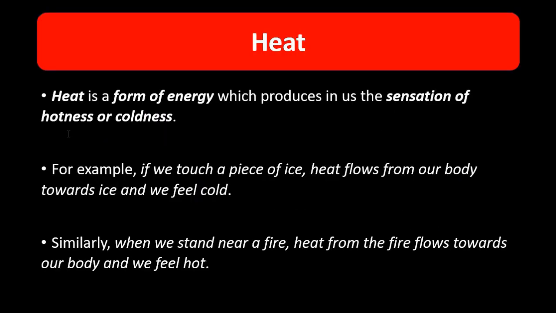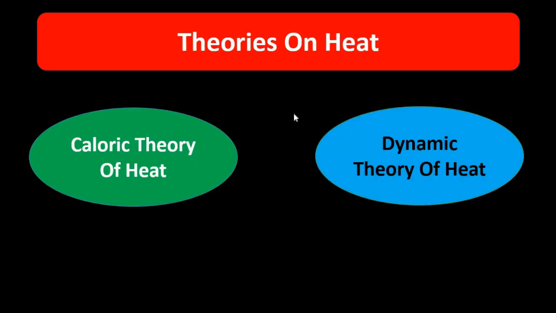Now, the heat, this thing, whatever it is, this form of energy, it produces in us the sensation of hotness or coldness. So how can you define heat? What is heat exactly? There are two theories on the concept of heat. First is the caloric theory.